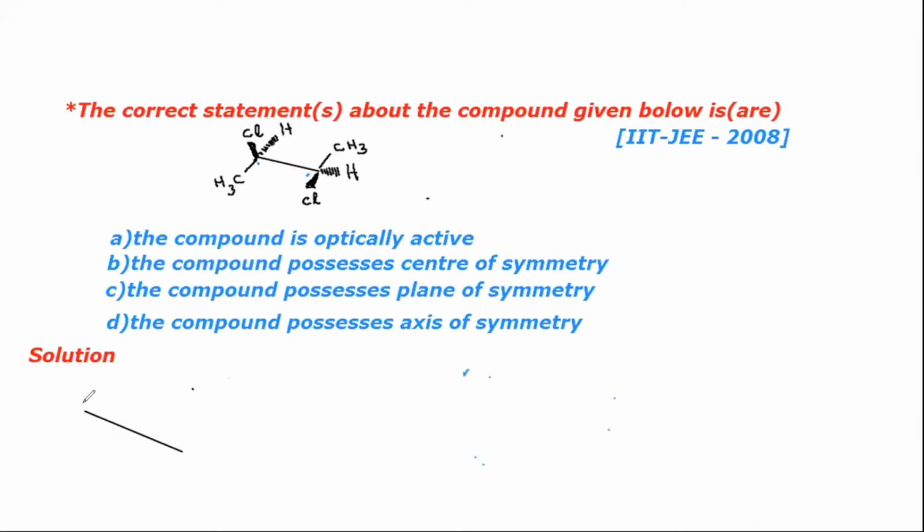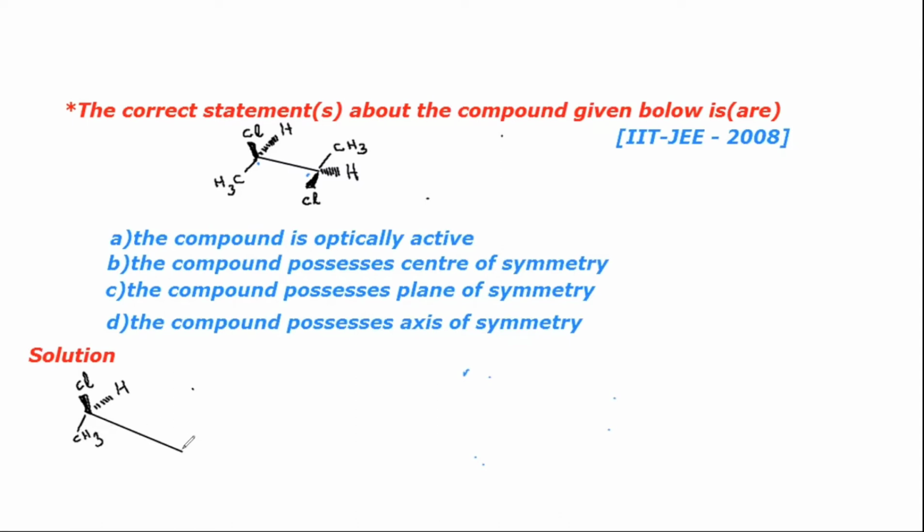On this carbon, Cl is represented with the wedge line, and the hydrogen is represented with the dash line, and methyl with a normal line.